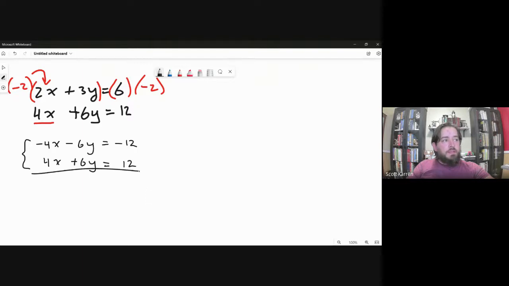And if I combine these now, I've got -4x and 4x is 0, -6y and 6y is 0, and -12 and 12 is 0. But this is a true statement. Everything's zeroed out, but it's still true. It's a true statement, and not only is it true, it's true no matter what.